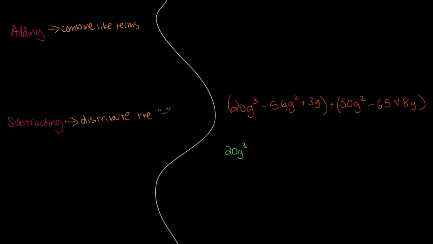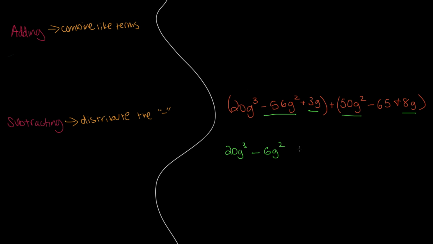Now we add our g squared terms, which is minus 56 and plus 50g squared. So negative 56g squared plus 50g squared is going to give us negative 6g squared. So that's going to be our second term. Our third term is going to be our g terms. So we have 3g and we have 8g.